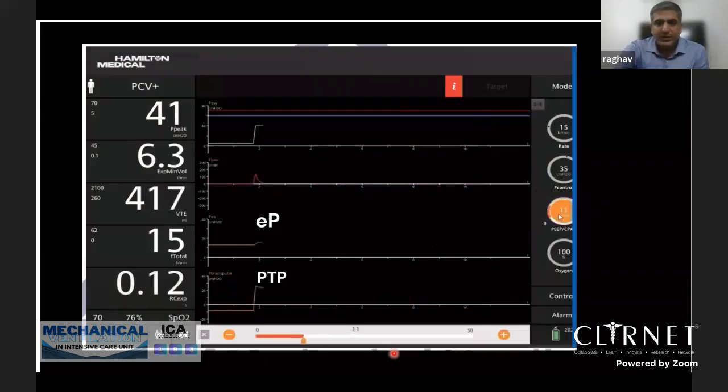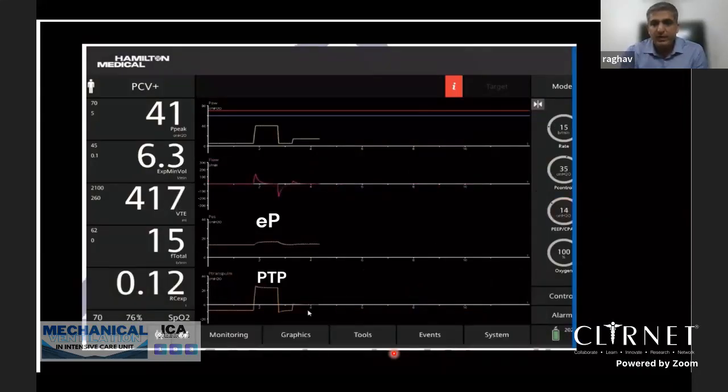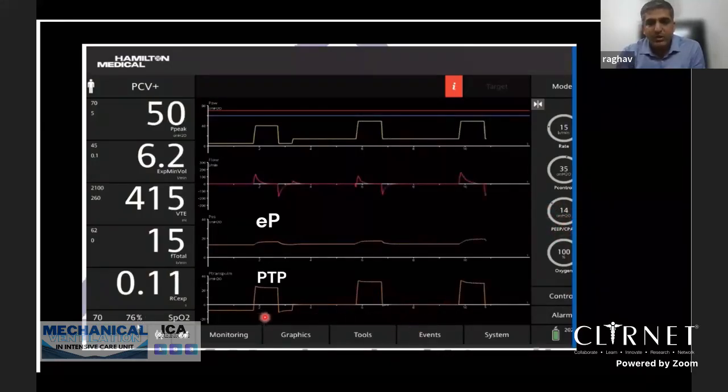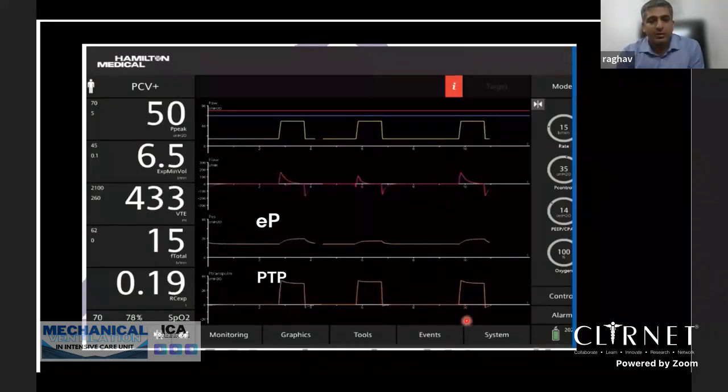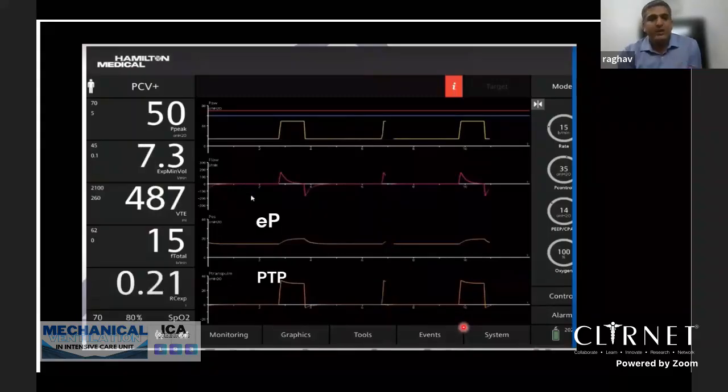So he is increasing the PEEP from 5 to 14. Sorry, he has increased the PEEP to 14, and now the transpulmonary pressure is 0 at end expiration. So this will lead to prevention of atelectasis and improvement in oxygenation.